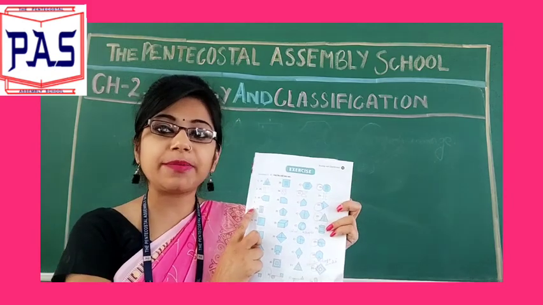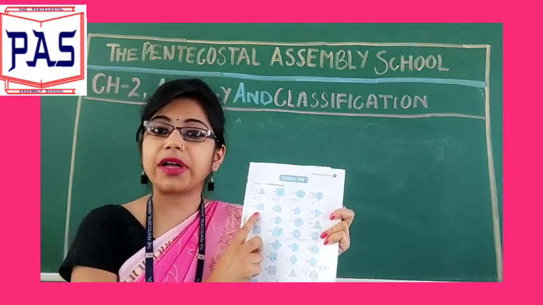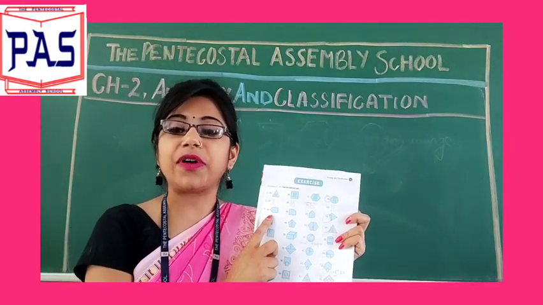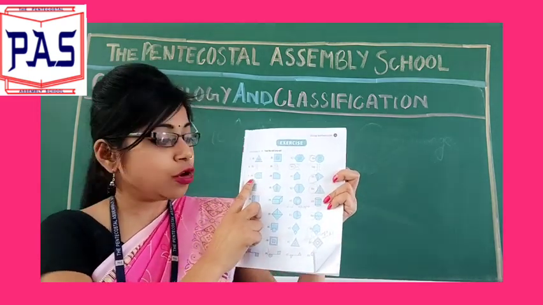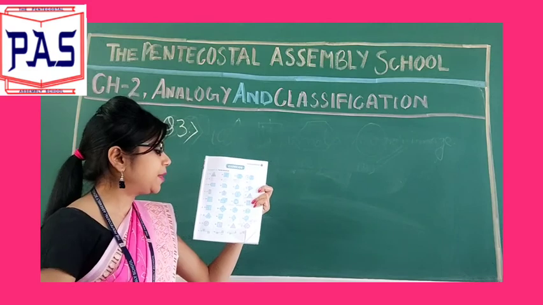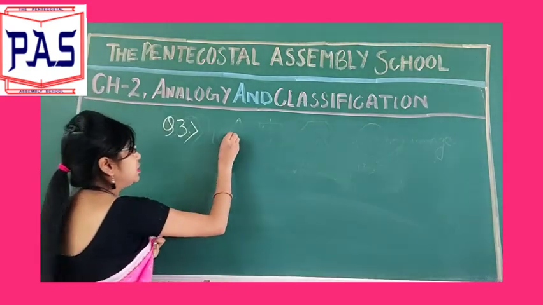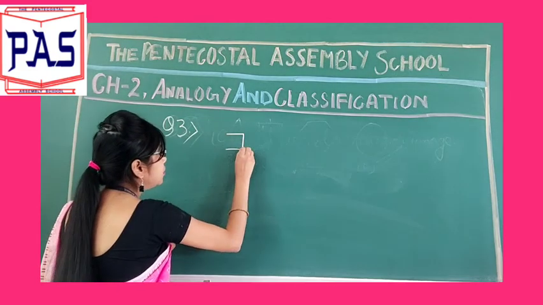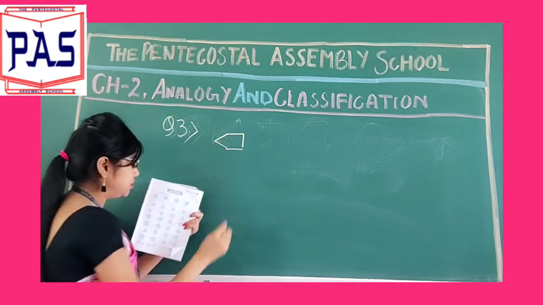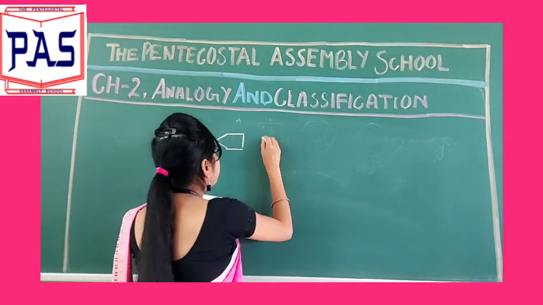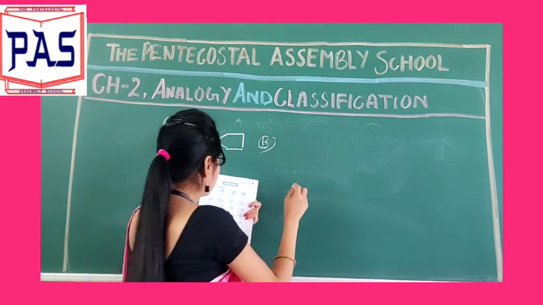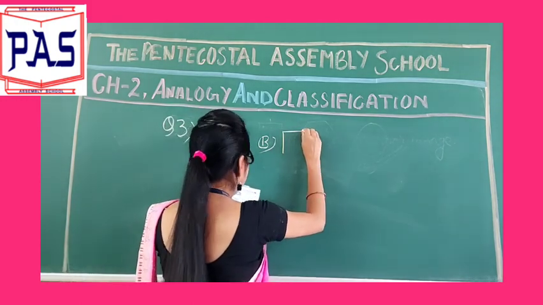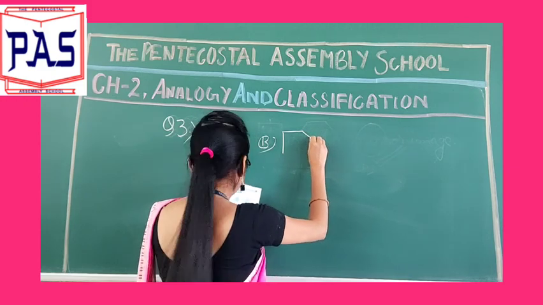Now in question number 3, we have to find the same thing. We have to find the odd figure. Here you can see that in option A, there is a picture with 5 sides. In option B, this picture also consists of 5 sides.